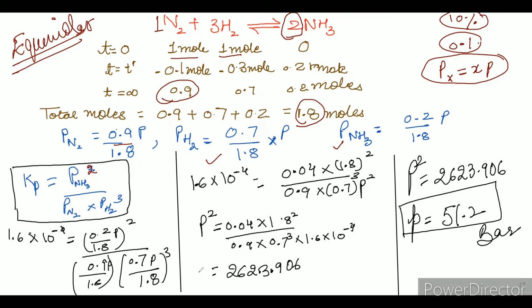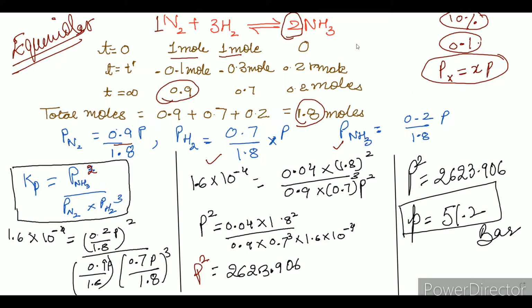So P square is 2623.906. Now we have to find the square root of this value. After solving the square root, what we got is 51.2 bar. I hope the question is clear to you.